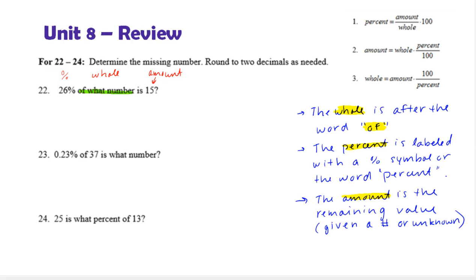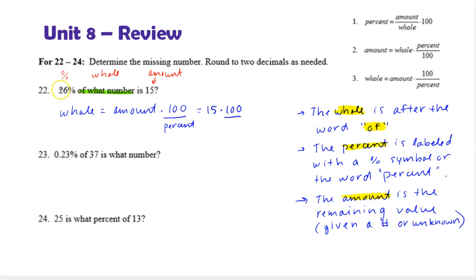Okay. So if we're looking for the whole, we want to use the third one. The whole equals the amount times 100 divided by the percent. So, well, the amount is 15 times 100.